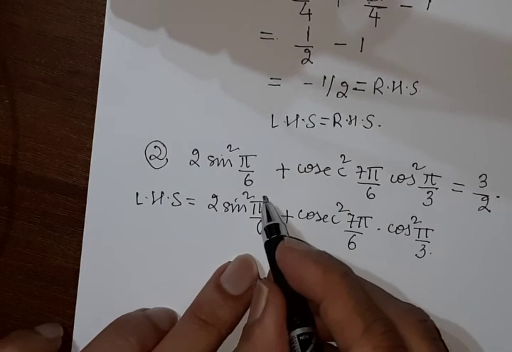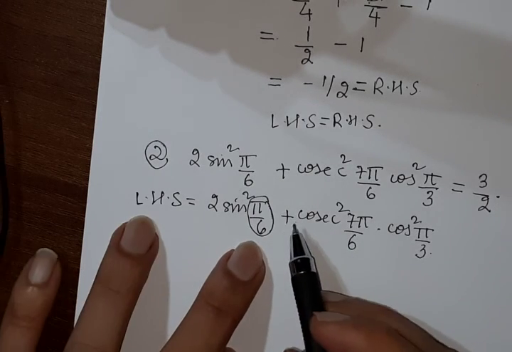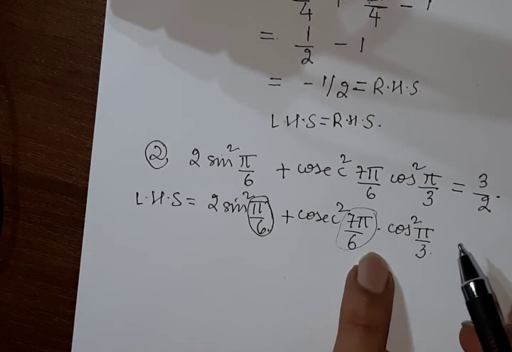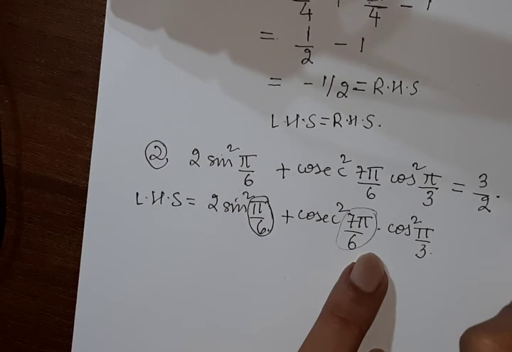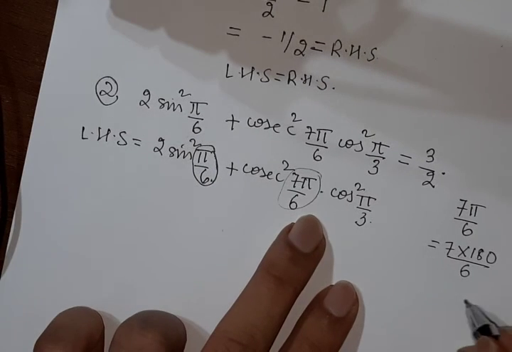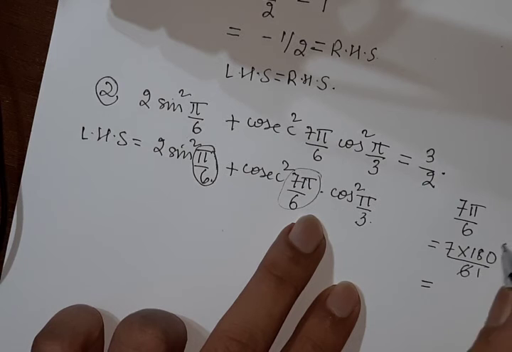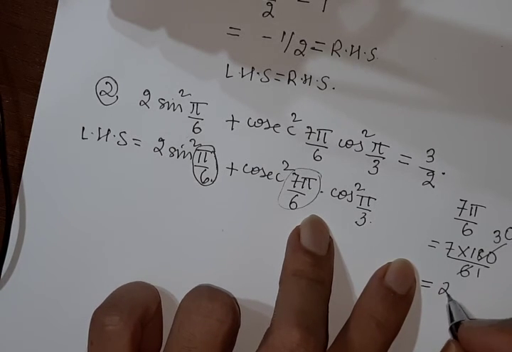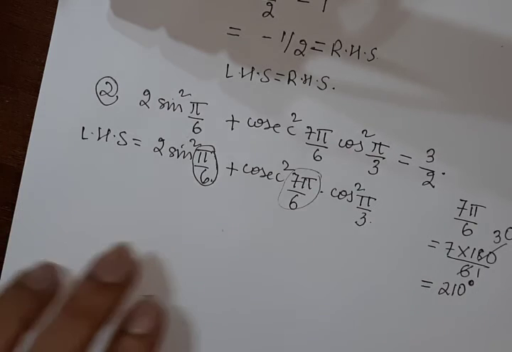Now here you see that this π/6 is nothing but 30 degrees. 7π/6 is 7 multiplied by 180 divided by 6. 6 ones are 6, 6 30s are 180, so 30 multiplied by 7 is 210 degrees.